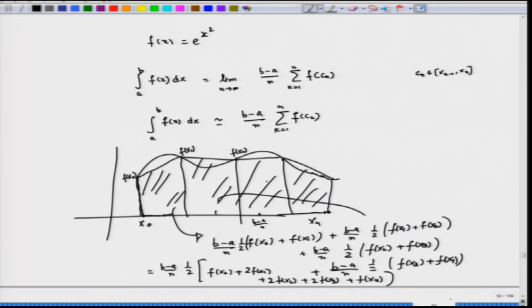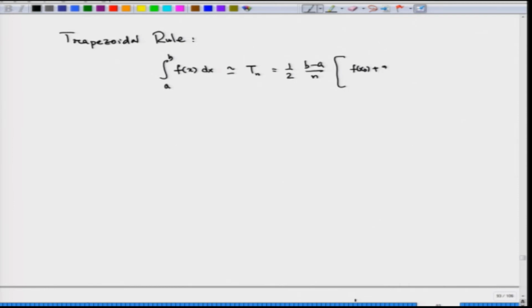The integral over a to b of f of x dx is approximated by T n, which is equal to 1 by 2 of (b minus a) by n times f of x naught plus 2 f of x 1 plus 2 f of x 2, and so on, plus 2 f of x n minus 1 plus f of x n. This is the trapezoidal rule.